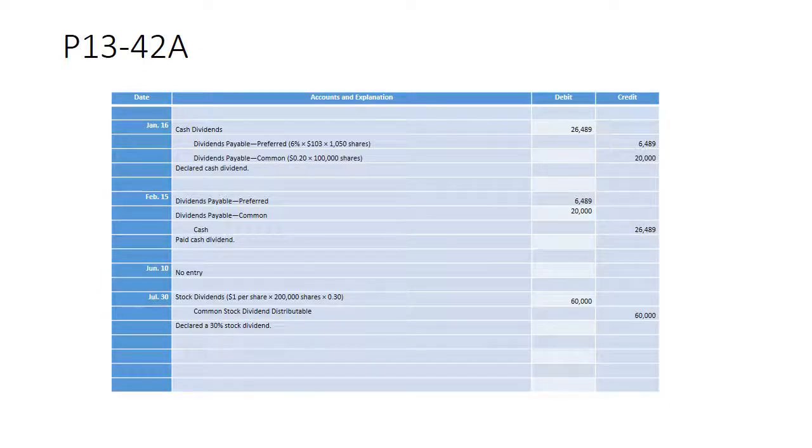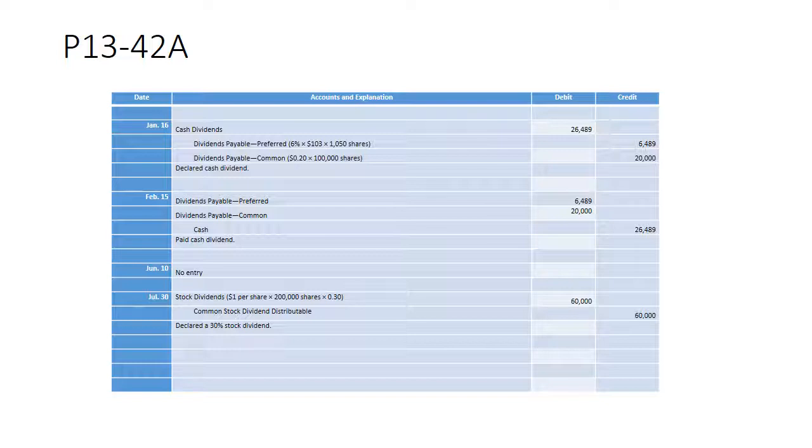Now in problem 13-42A, we have Dearborn Manufacturing. They completed the following transactions. So the first thing we have to do is record journal entries. The very first one is a practice of our cash dividends. Declared a cash dividend on 6% $103 par, non-cumulative preferred stock.